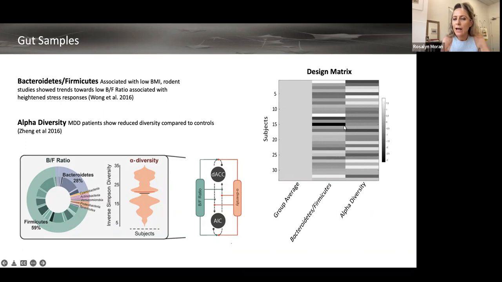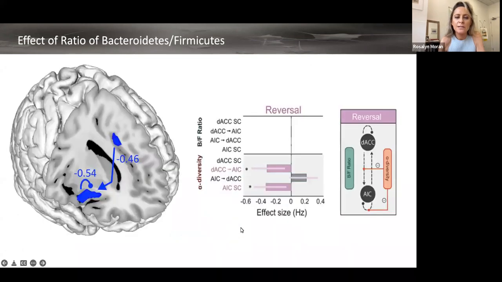And again, what we were looking at using a second level, what we call a parametric empirical Bayesian analysis of DCM, was whether the alpha diversity or bacteroidetes firmicutes ratio was associated at an interindividual level with either of the top-down, bottom-up connectivities, or the intrinsic connections within, so the gain control, if you like, within the anterior cingulate or within the anterior insula.